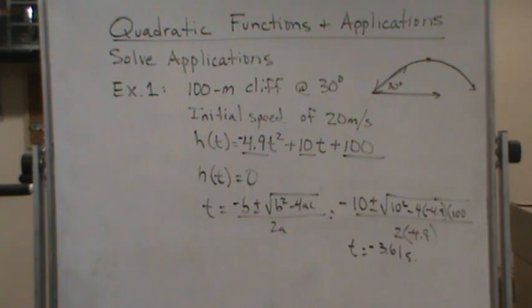So now we're going to do negative 10 minus the 45.387 that we got from the square root, and divide that by our negative 9.8.